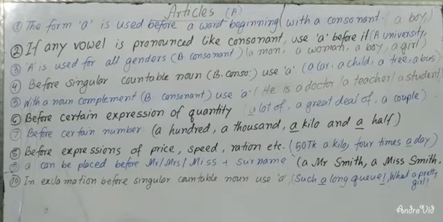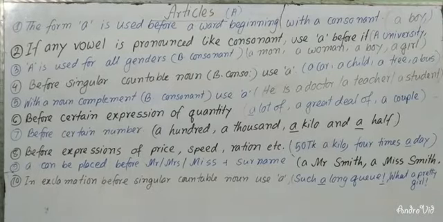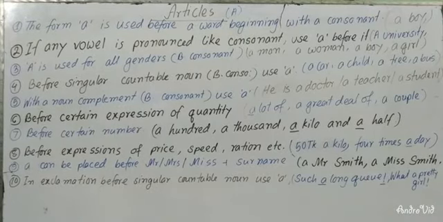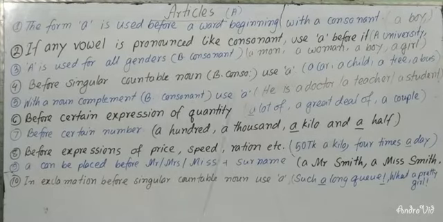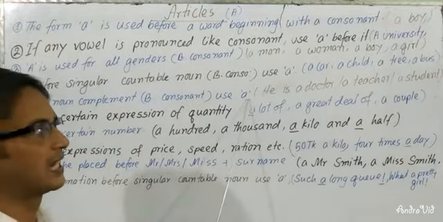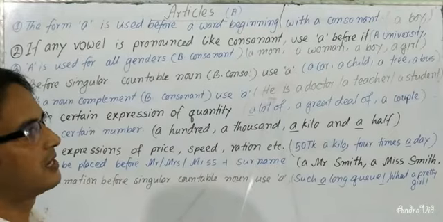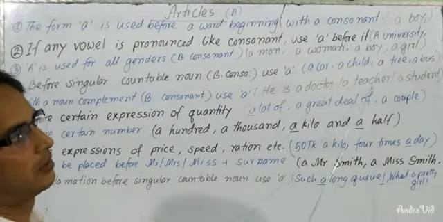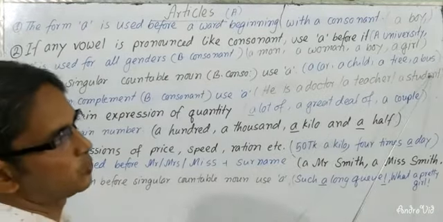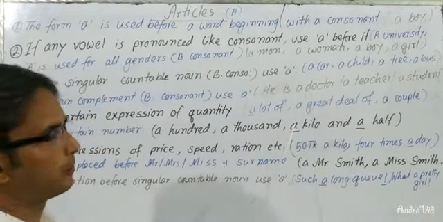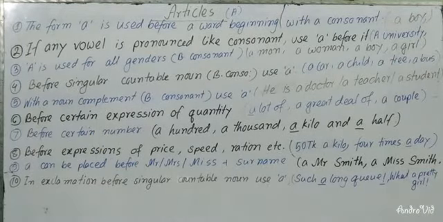Number 5, with noun complements or professions that start with a consonant, we have to use article a. Like he is a doctor, he is a teacher, he is a student. These are professions or complements of a sentence.